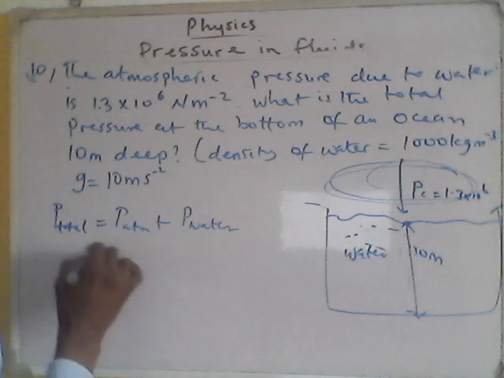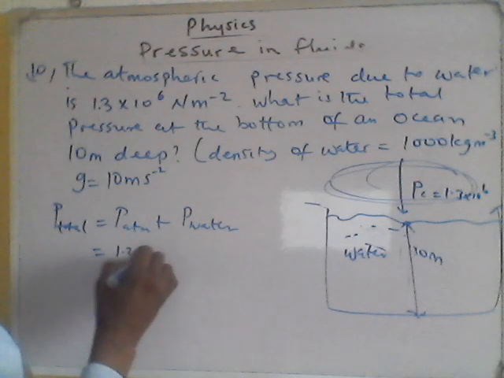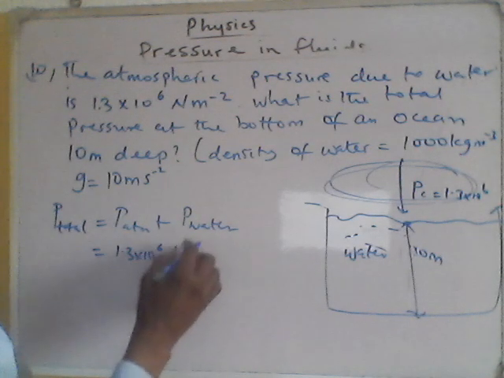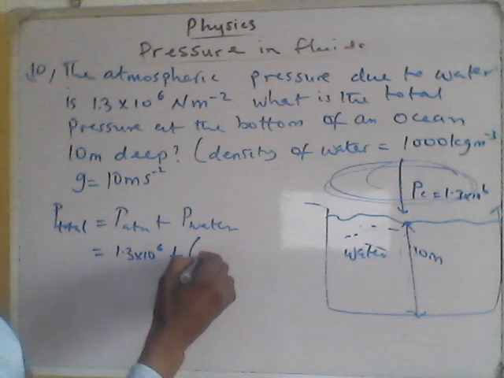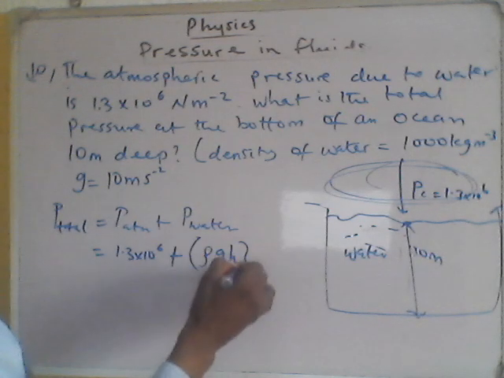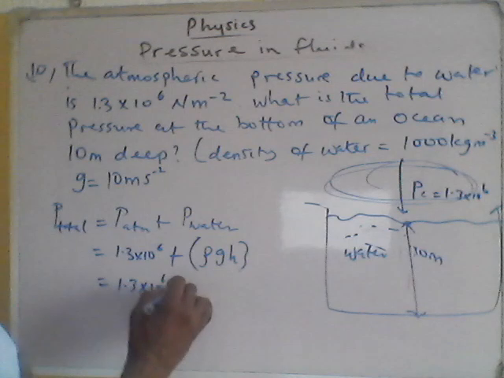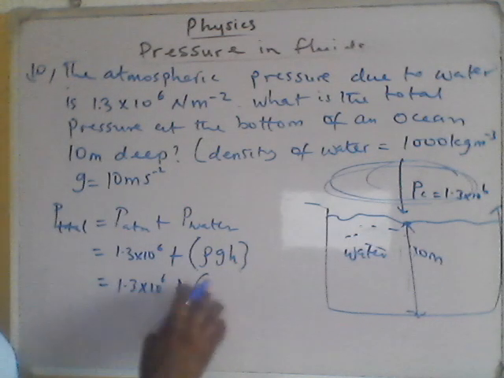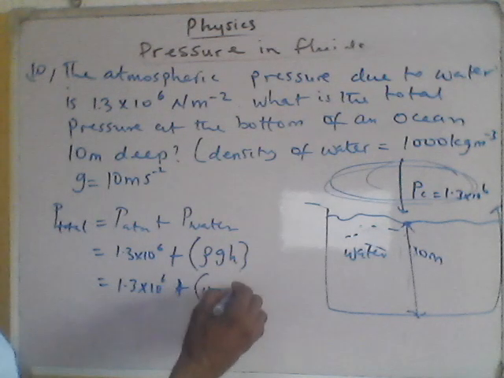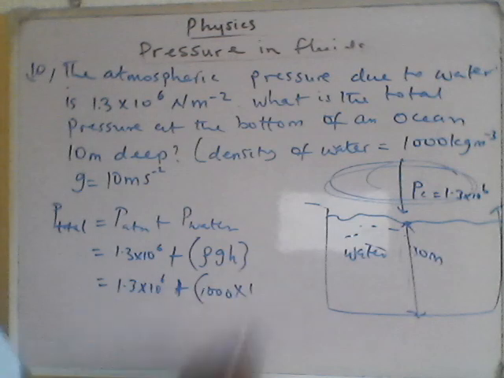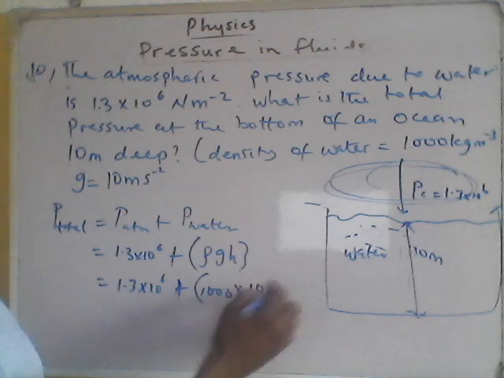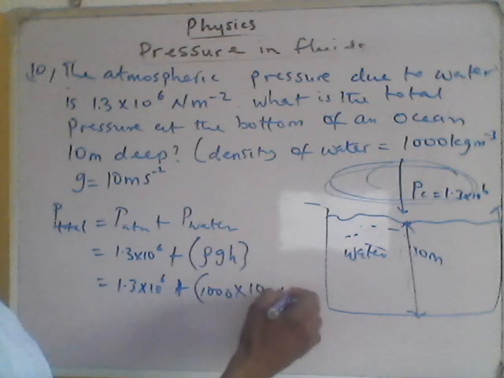P atmosphere is already given as 1.3 times 10 to the power 6, plus P water, which can be gotten by density, gravity, height, of course: density of water is 1000, gravity is 10, and height is 10.